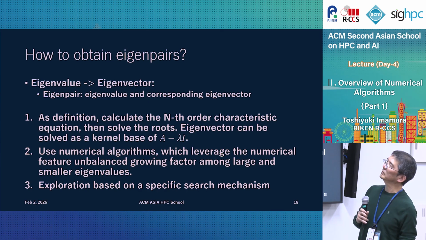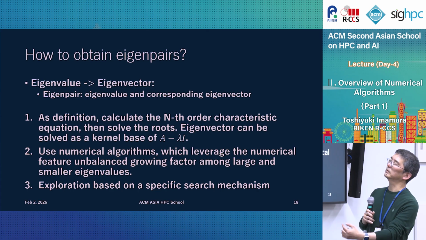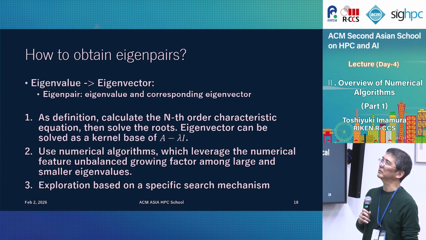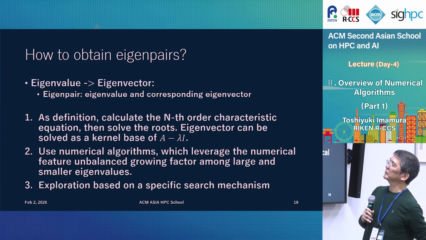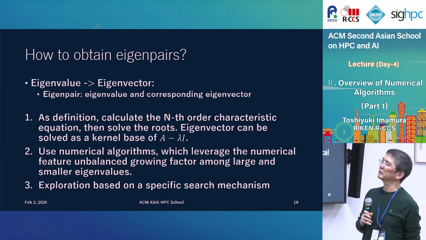So the polynomial is the very origin. So somehow we can solve the eigenvalue, and then we need to calculate the eigenvector. So for the step, I can list up three possibilities.